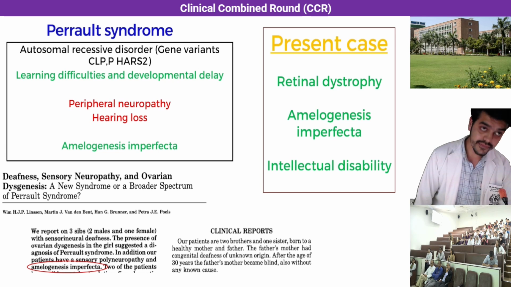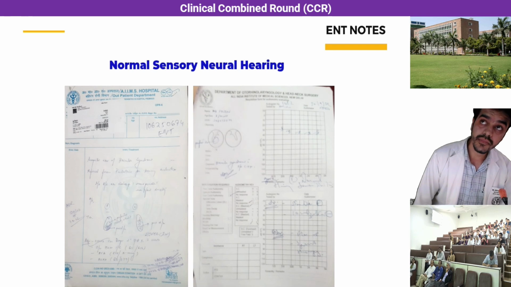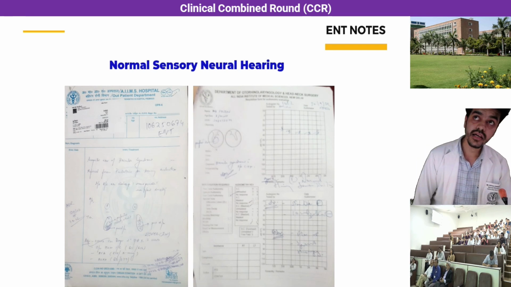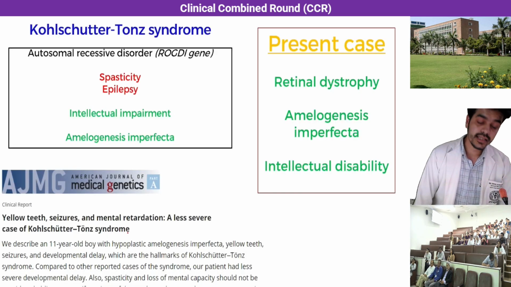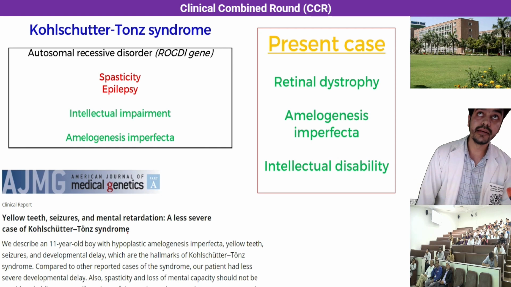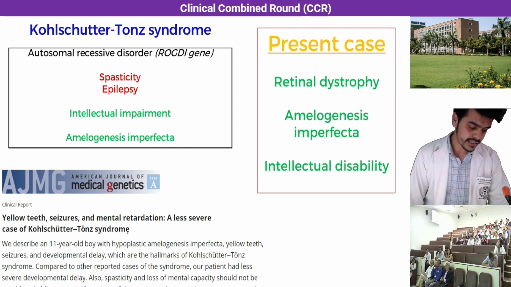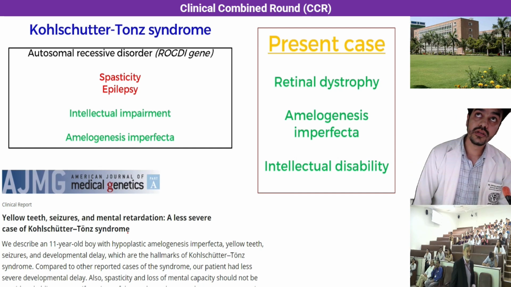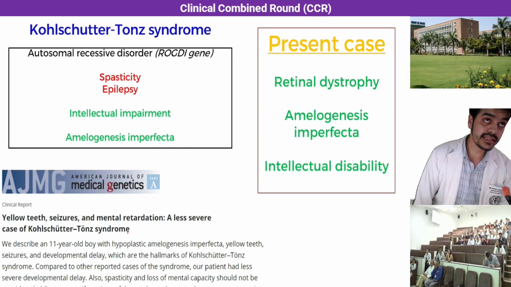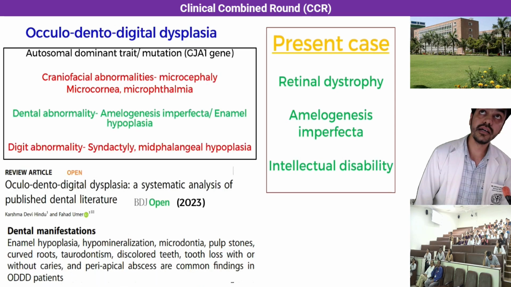The patient was referred to the ENT department for assessment of hearing loss, but the patient was observed with normal sensory neural hearing. So these two syndromes were ruled out. Other syndromes which were kept in consideration, as these syndromes are consistently reported with amelogenesis imperfecta, include one characterized by spasticity, epilepsy, intellectual impairment, and amelogenesis imperfecta.